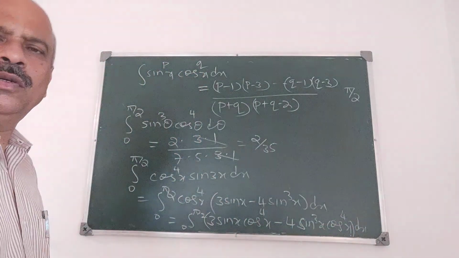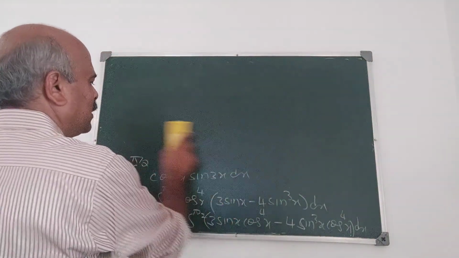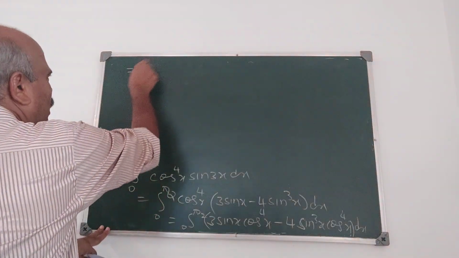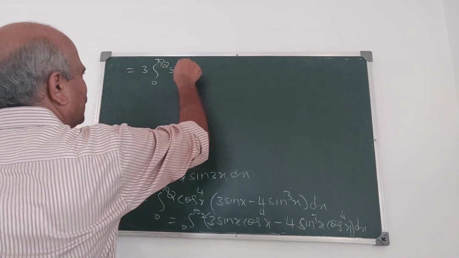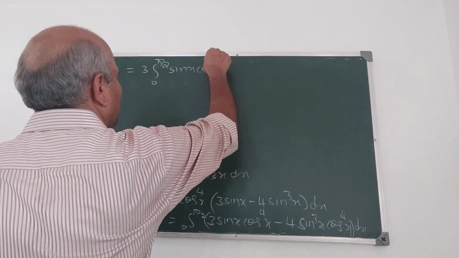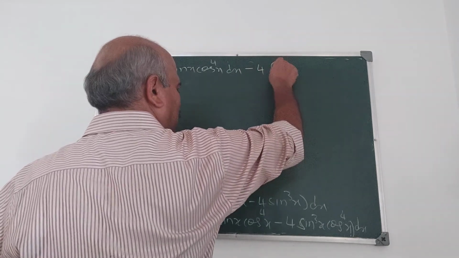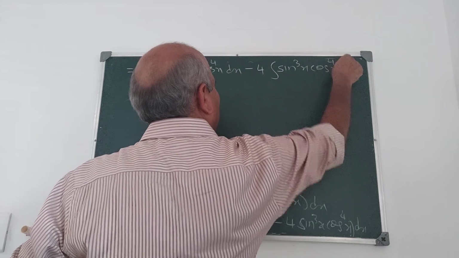Therefore, 3 into the integral from 0 to pi by 2 of sin x cos x raised to 4, minus 4 into sin cube x cos x raised to 4.